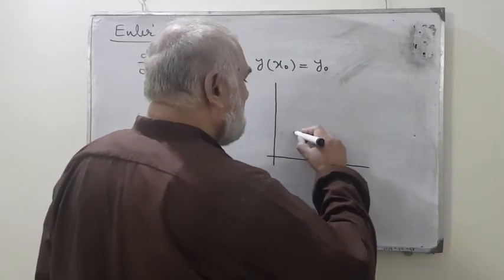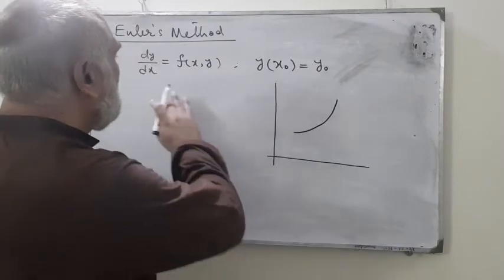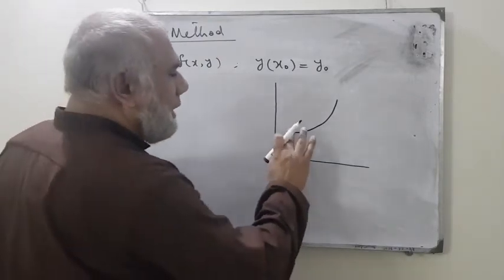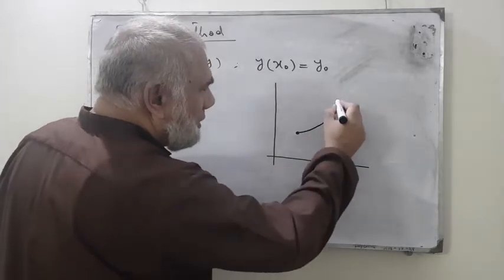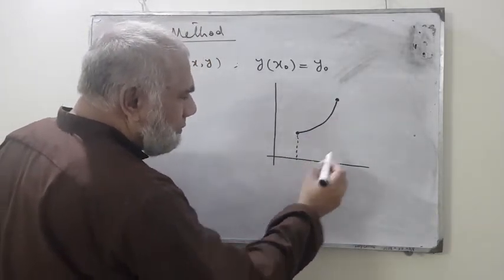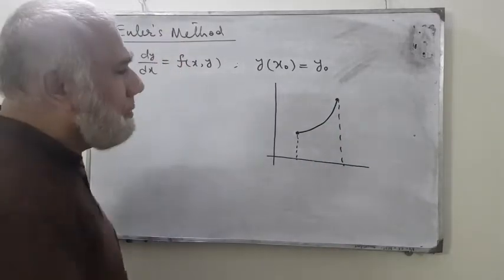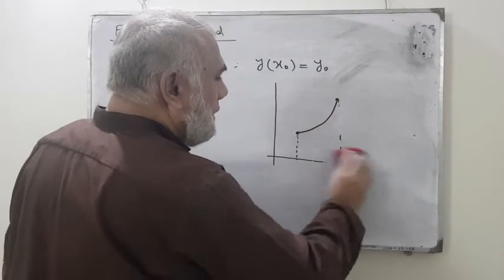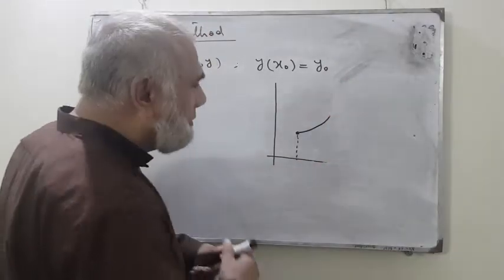The points at the two ends are basically the end points of the interval, and he divides the whole interval into small segments or small sub intervals.